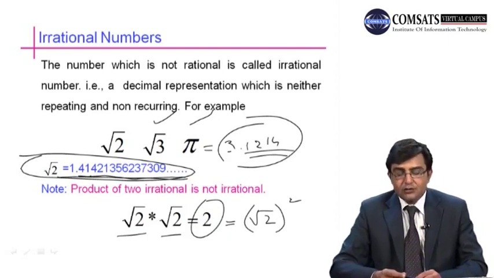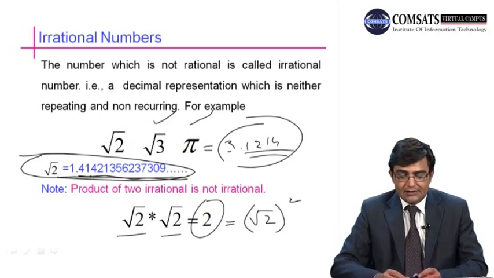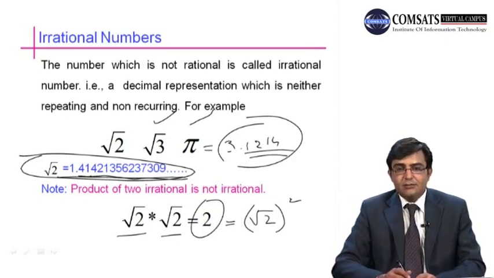So the product of two irrational numbers is not necessarily an irrational number. You should remember this, whereas the product of two rationals is necessarily a rational number.